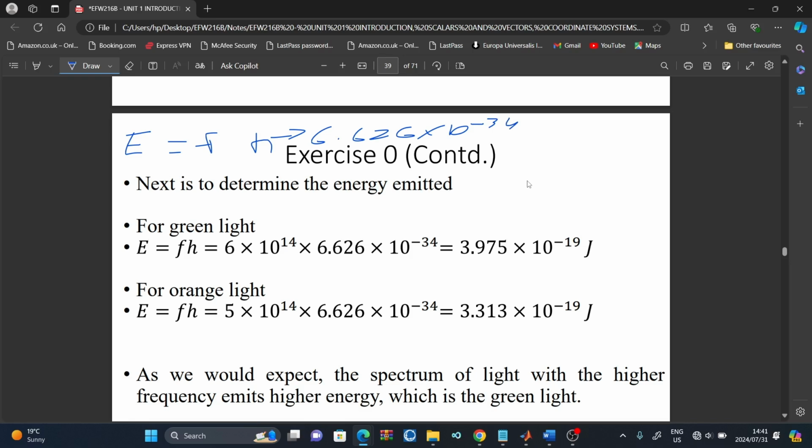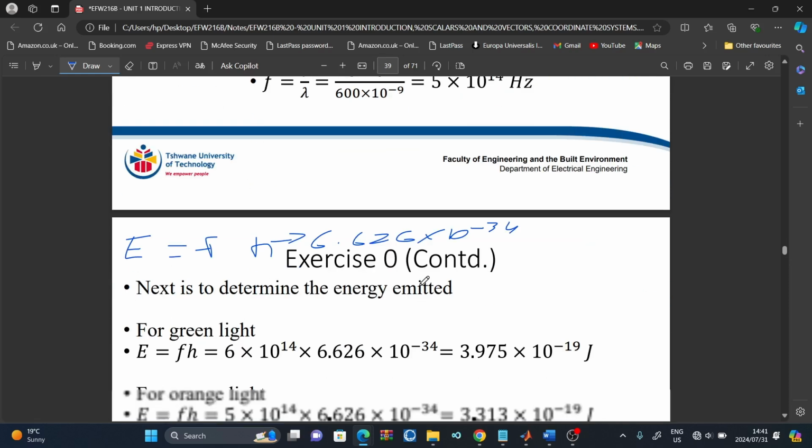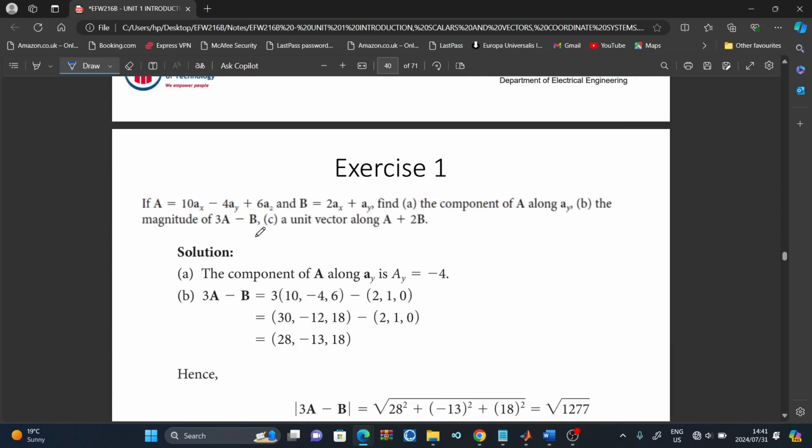Your frequency you calculated in the previous question above. This one is also quite simple. You use this formula to calculate the energy of your system.